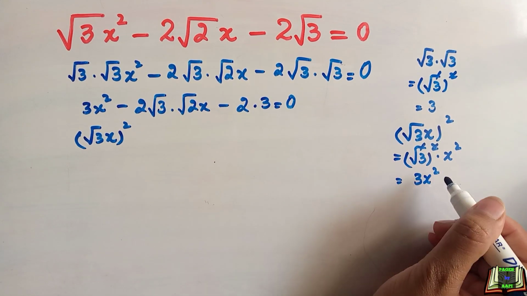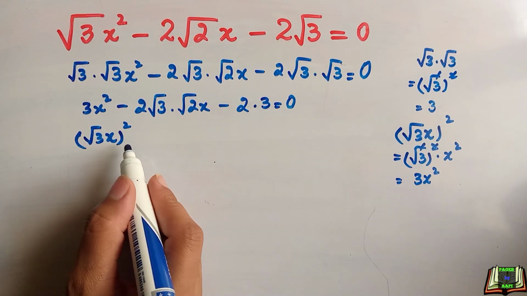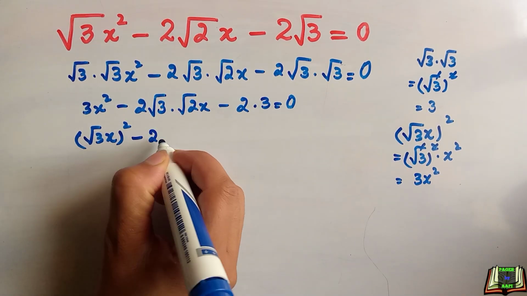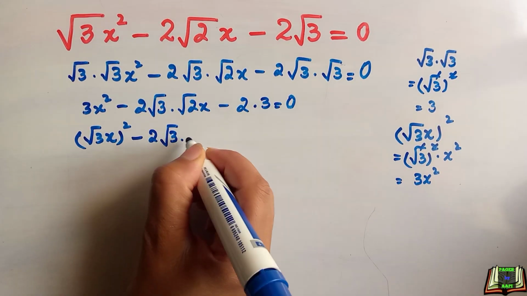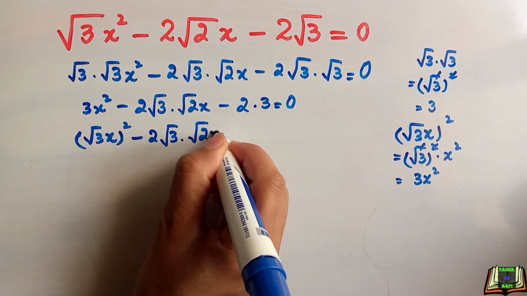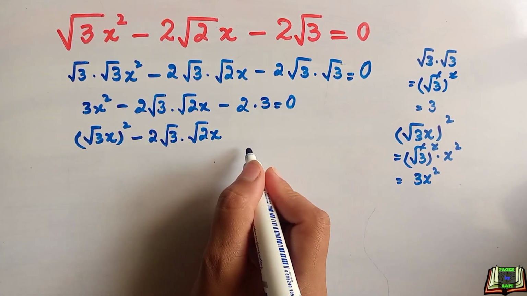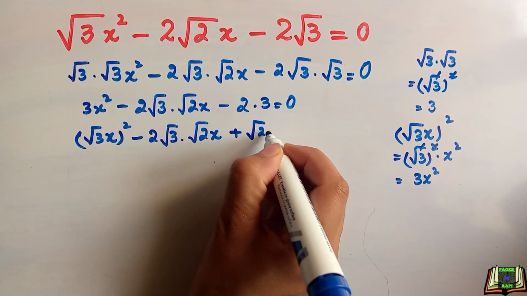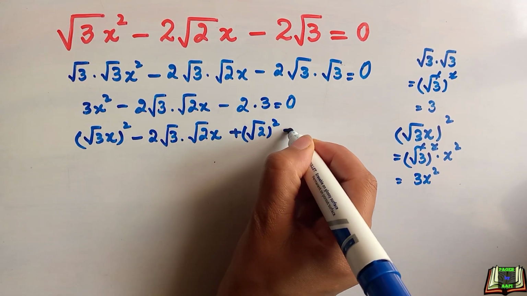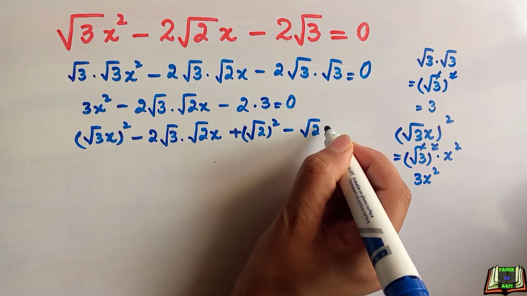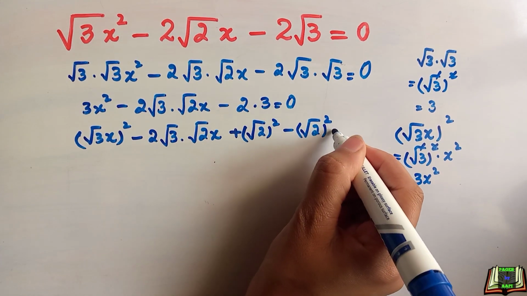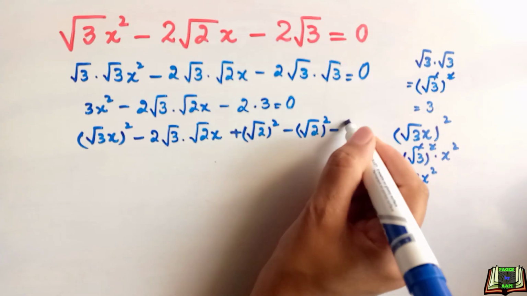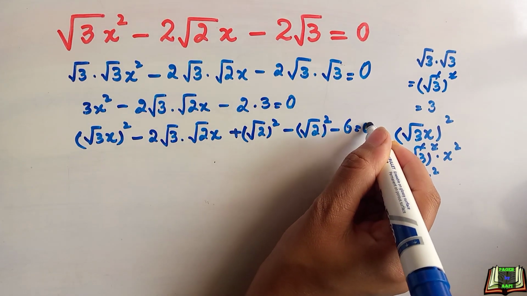We just manipulate the value of 3x square minus 2 root 3 times root 2x. Why have we done this? Because we want to make a square. So we have to add and subtract root 2 square to make a square. Minus 2 times 3 is 6 is equal to 0.